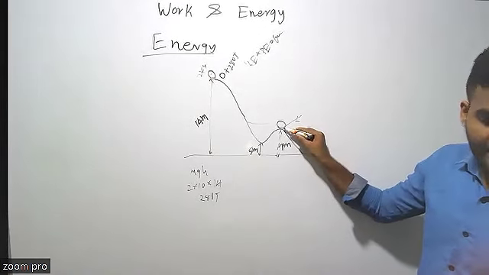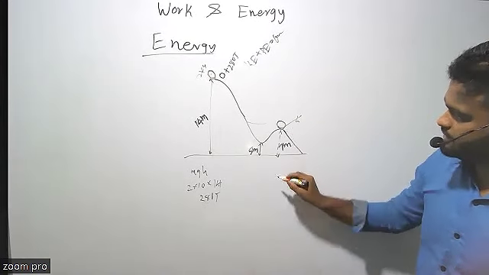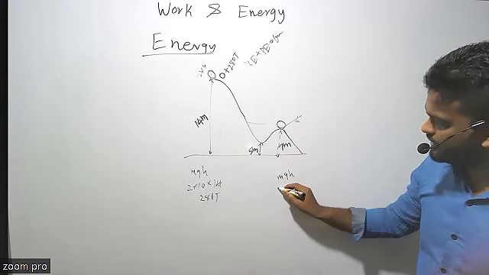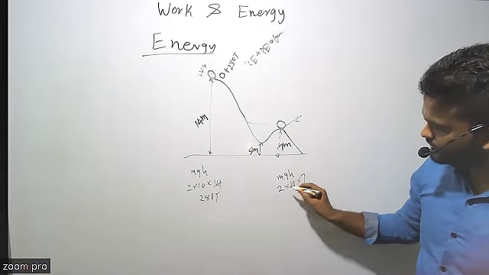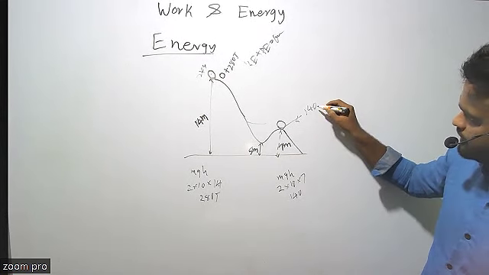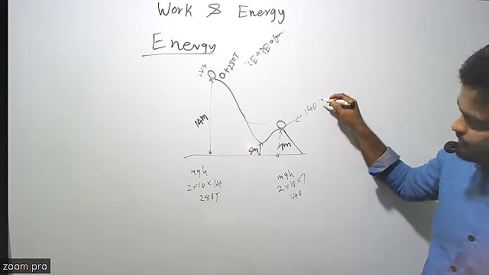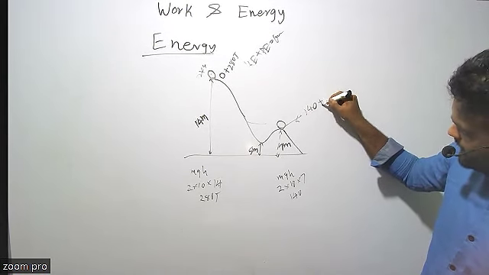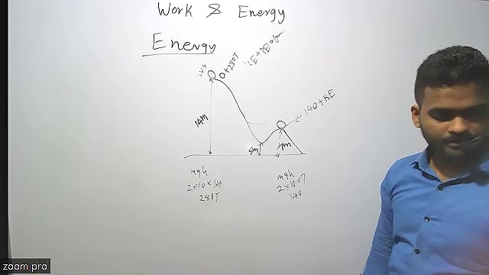What's the total energy here? 7 meters, so if you apply mgh, 2, 10, 7, 14 times 10, that's 140 joules. So 140 joules is the potential energy, plus kinetic energy. Understood?